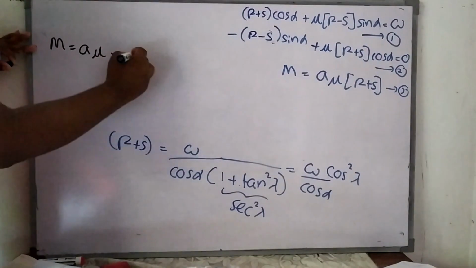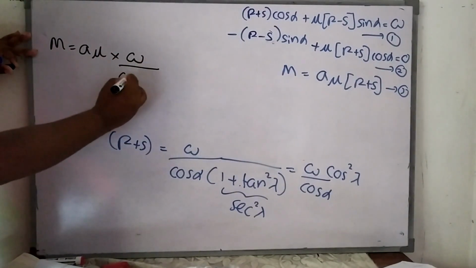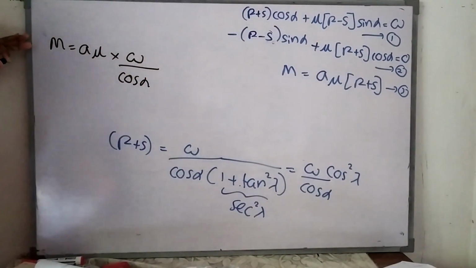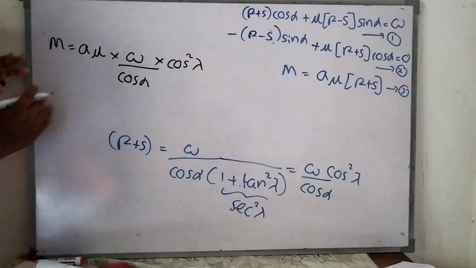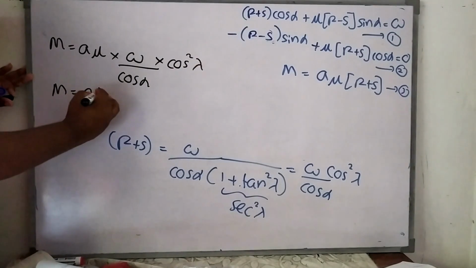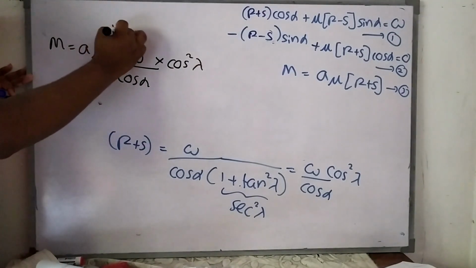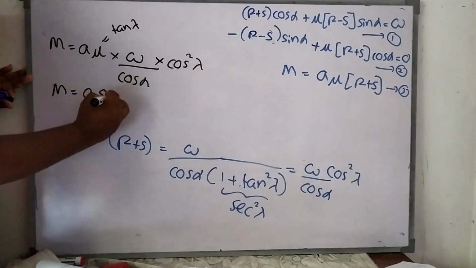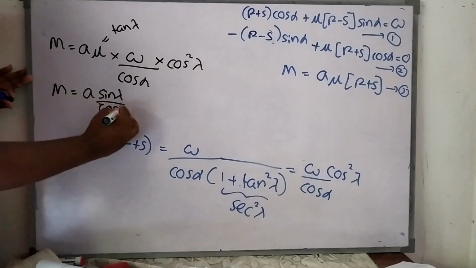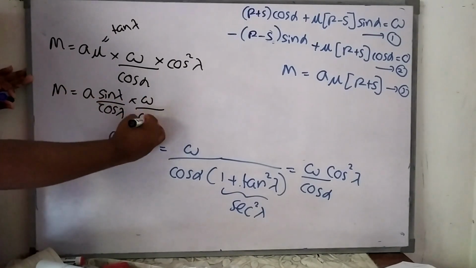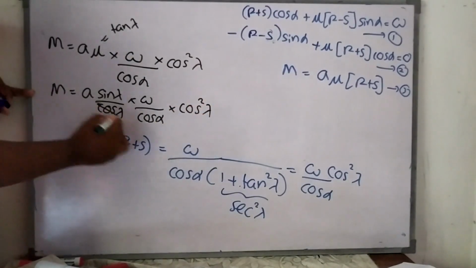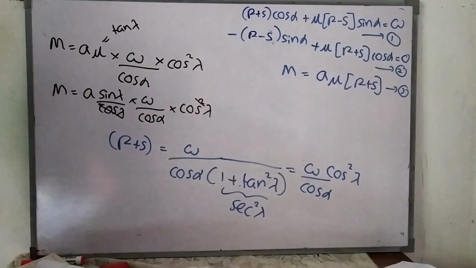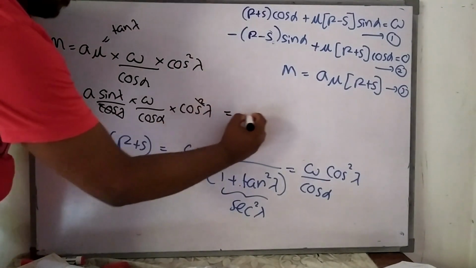The capital M, so I substitute the R plus S. So mu means tan lambda, that is sin lambda over cos lambda. W cos alpha squared cos squared lambda. Cos lambda is cancelled. So now here we are.